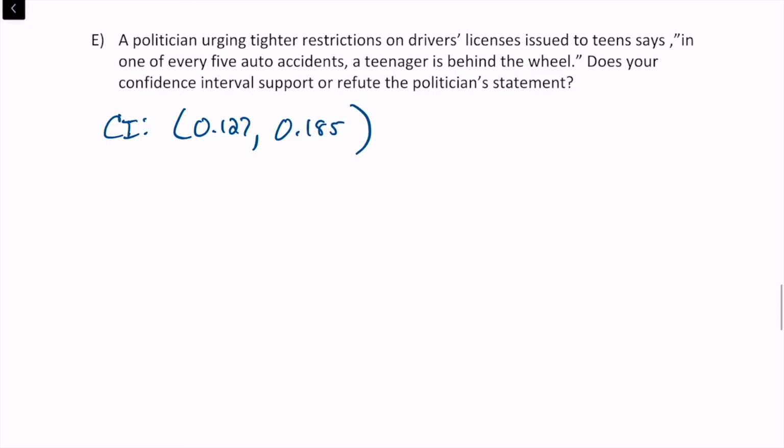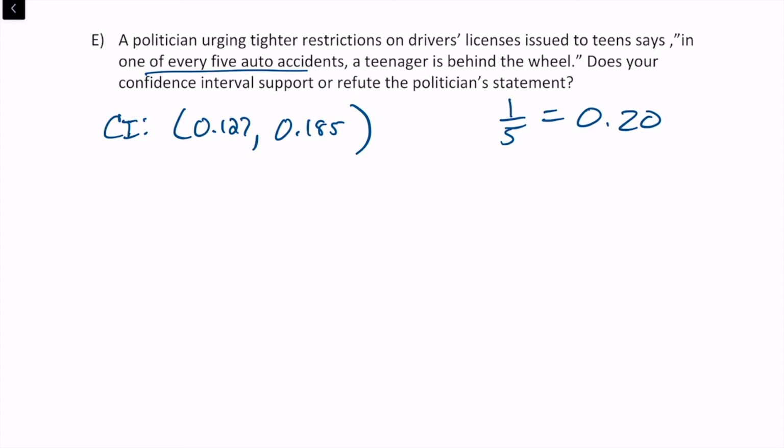Okay? The politician is claiming that 1 out of every 5 auto accidents is caused by a teenager. 1 out of 5, if you go to your calculator, it's 20% or 0.20. Well, if we look at our 95% confidence interval, we do not see 0.20 being within that interval. 0.20 is outside of that interval.